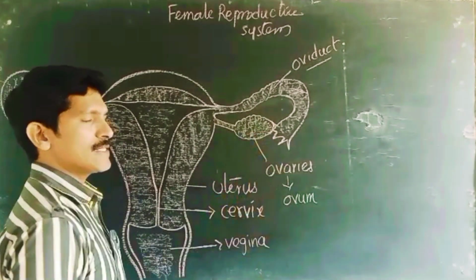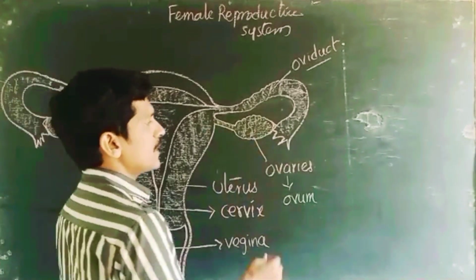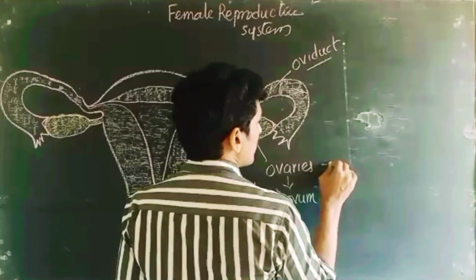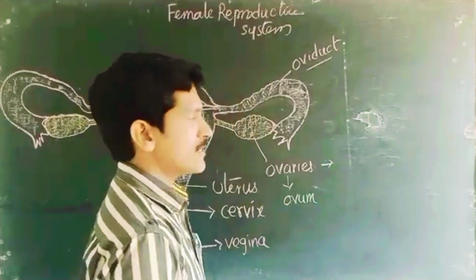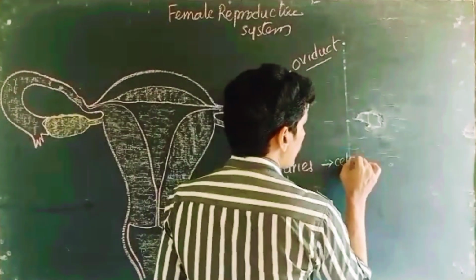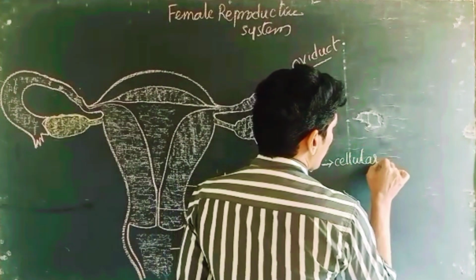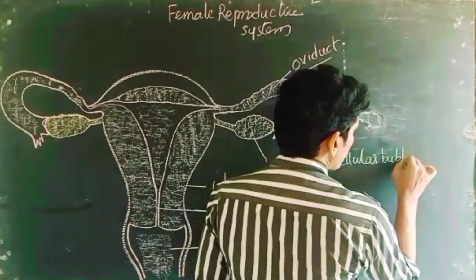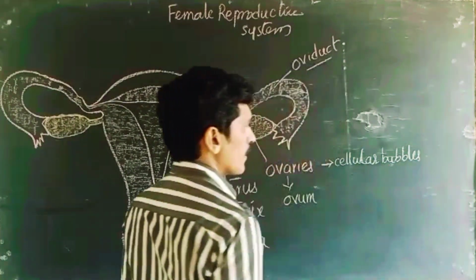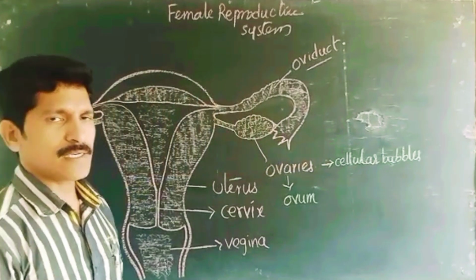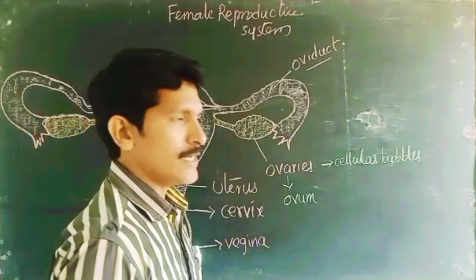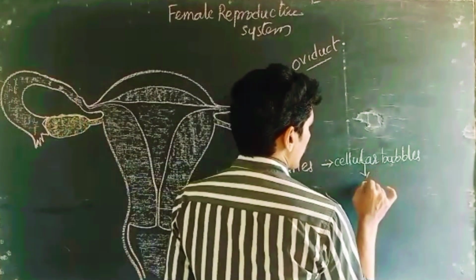When you observe the inside of the ovaries, some cells look like cellular bubbles. These cellular bubble-like structures gradually develop into Graafian follicles.